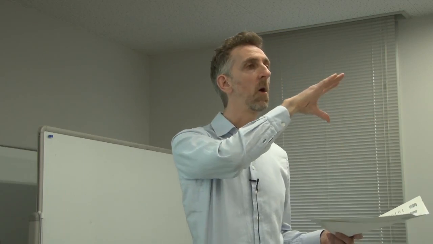Yeah, there's a slight variation of the case crossover that's called the case time control. I can find you the reference for this as well, where you can take into account the fact that the population level trend can change. But that would be another way, by giving more weight to the period that's closer to the case period.